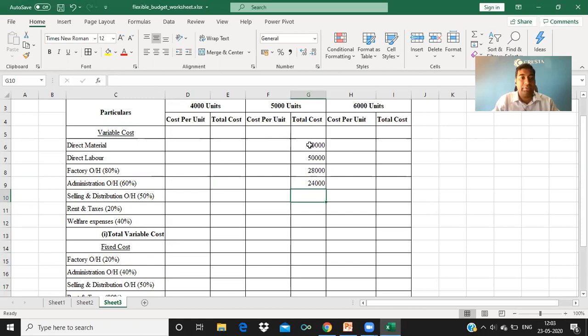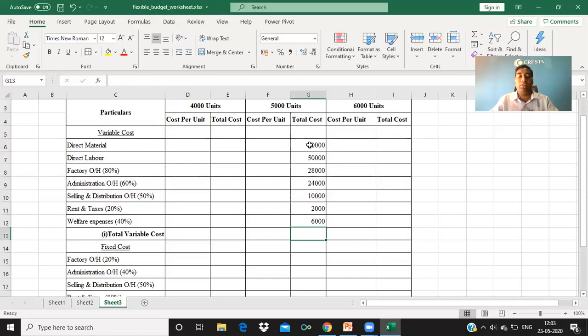Out of that, 50% is the variable component, so it comes to 10,000. Rent and taxes is 10,000 into 20%. Welfare expenses is given as 15,000 and the variable component is 40%.